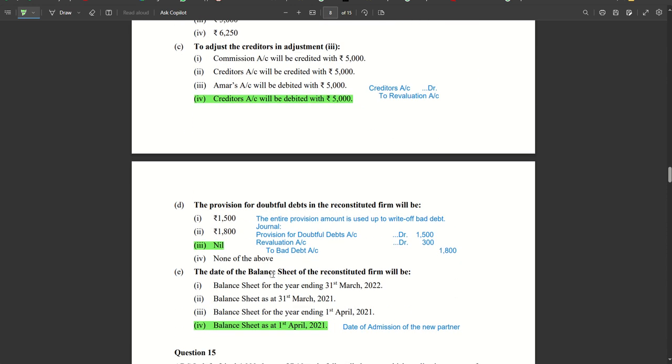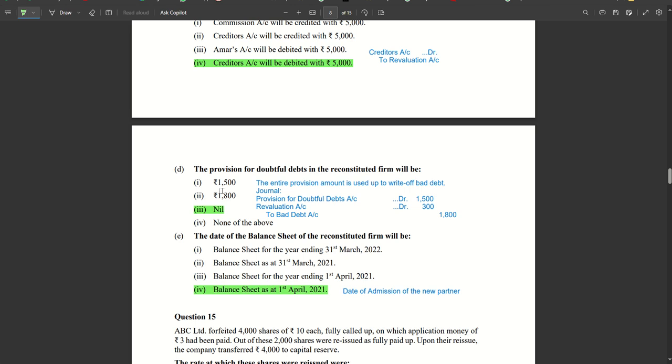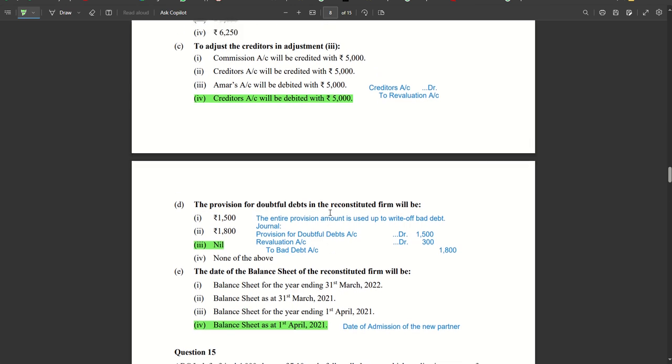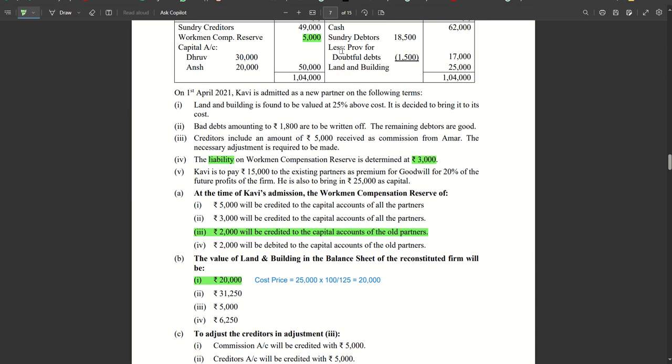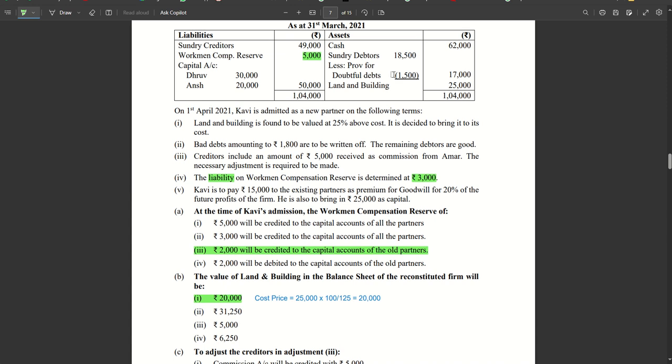Number D. The provision for doubtful debts in the reconstituted firm will be. Now, if you look at the question, we have provision for doubtful debts in the balance sheet of 1500, and we have a bad debt of 1800.